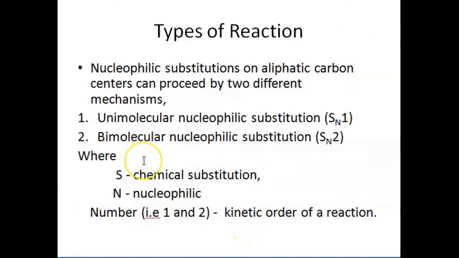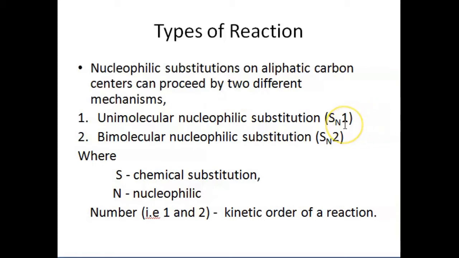There are two types of nucleophilic substitution reaction. Nucleophilic substitution on aliphatic carbon centers can proceed by two different mechanisms, that is unimolecular nucleophilic substitution and bimolecular nucleophilic substitution, which is very famous.